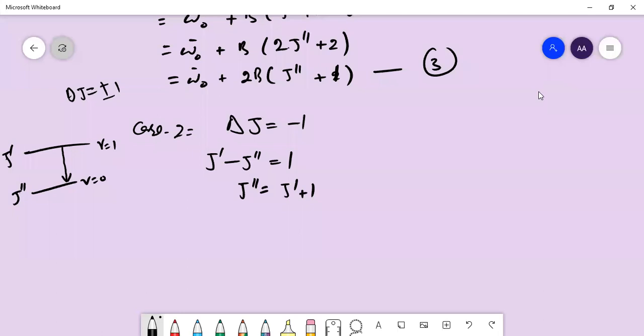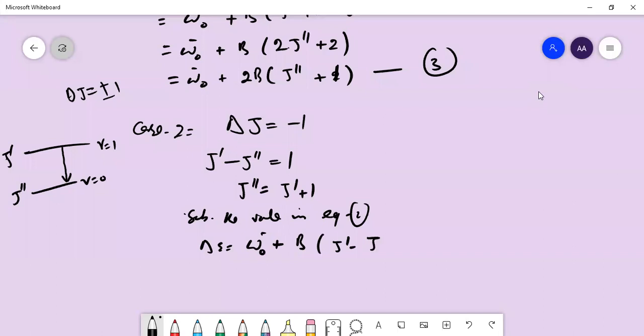Now again, I will substitute the value in equation number 2, which is delta E equal to omega naught bar plus B. In place of J dash minus J double dash, I will write J dash minus, in place of J double dash, J dash minus 1.